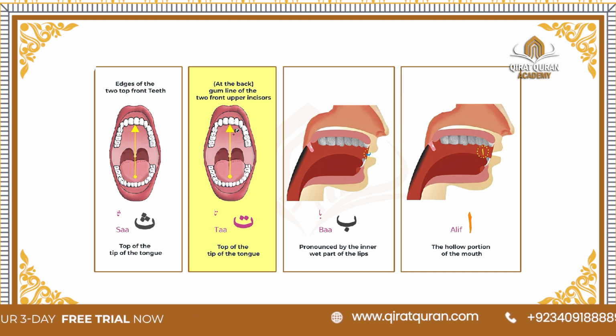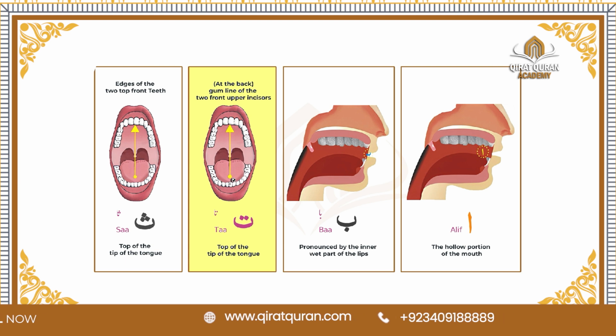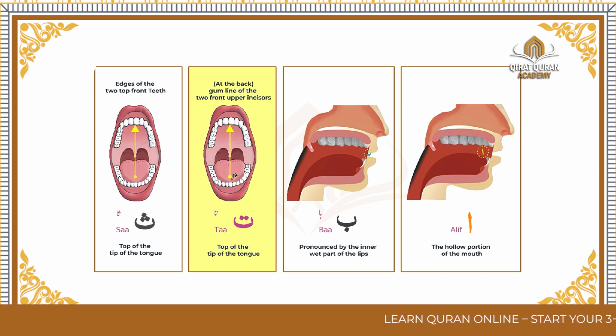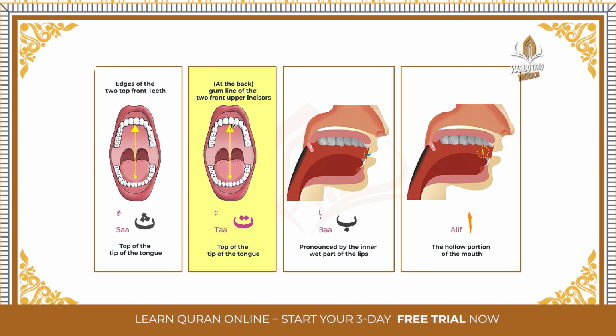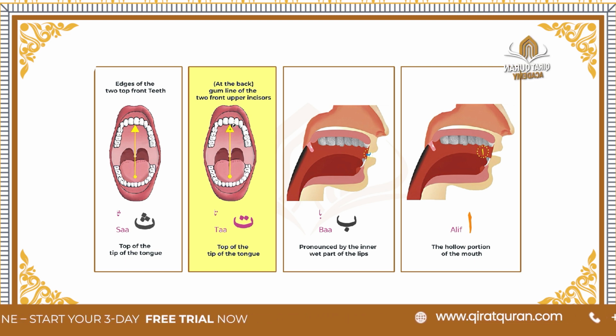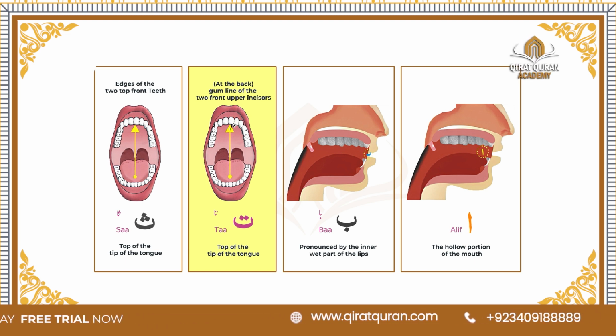This is the tip of your tongue. We have to connect it with the gums of the upper incisors. Okay, so that's how we have to pronounce Ta. Try to connect your tip of the tongue to the upper incisors, and then read Ta. Again, Ta.